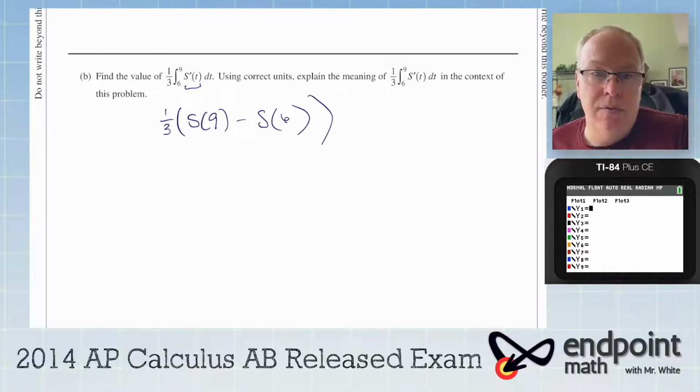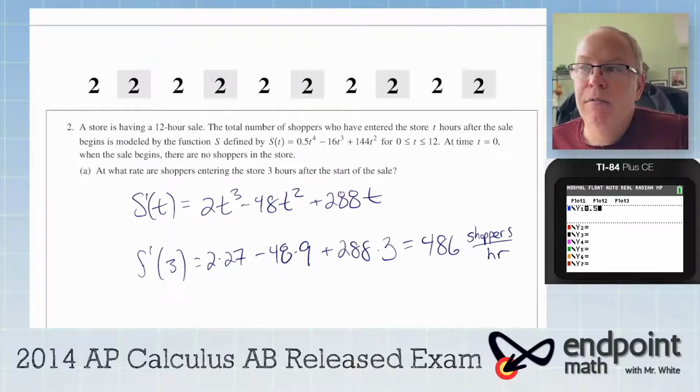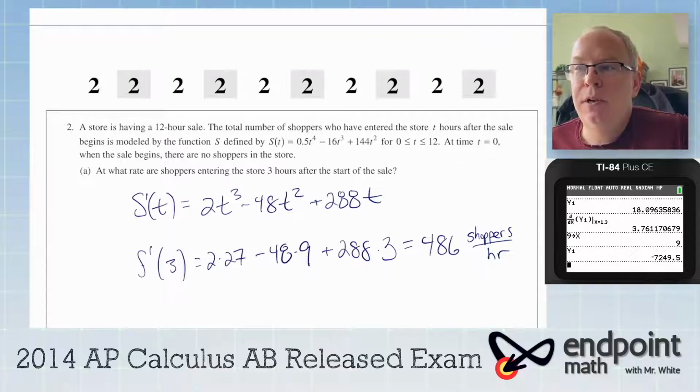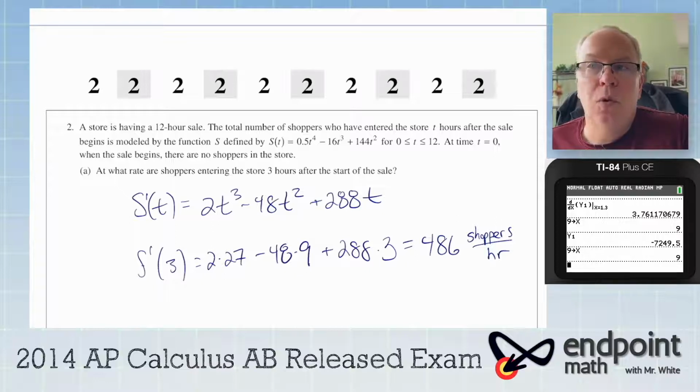Let's clear this one out. 0.5 x to the 4th minus 16 x to the 3rd plus 144 x squared. Now I want to make sure I got that typed in right before I go back down. That looks good. So I can do second quit. And now what I'm going to do is I'm going to store the 9 into the x variable. That way it's stored in there.